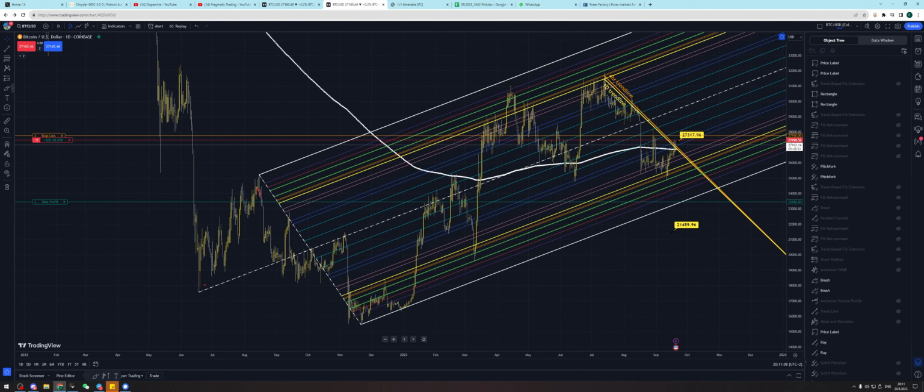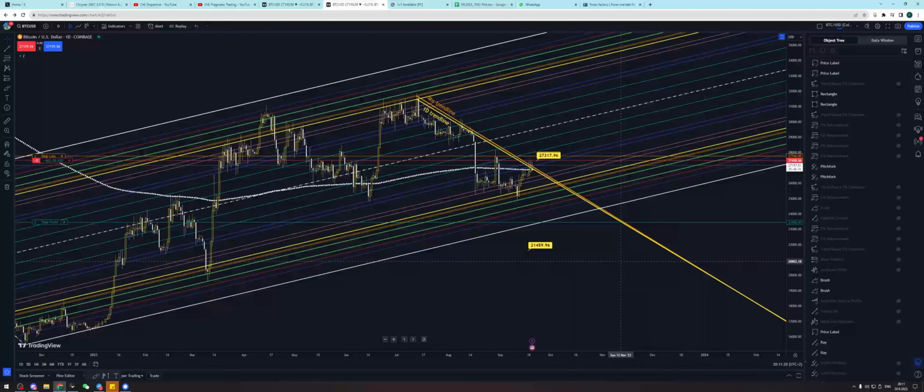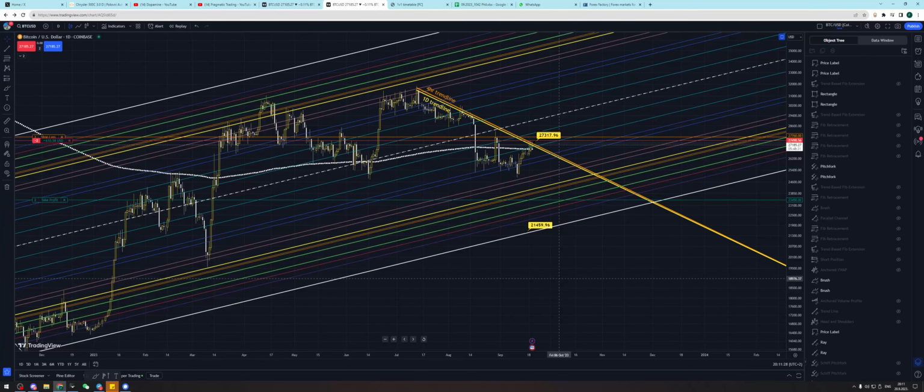You can see this touch here, which is beautiful, 78.6% of the pitchfork. And you can see these rejections. Beautiful, right? So where is my target? Well, it's around 23.4 on the non-log chart. If I turn on the log chart, it could be lower.